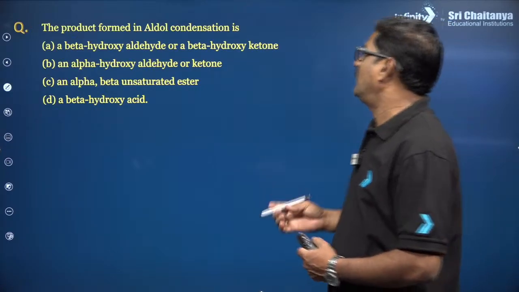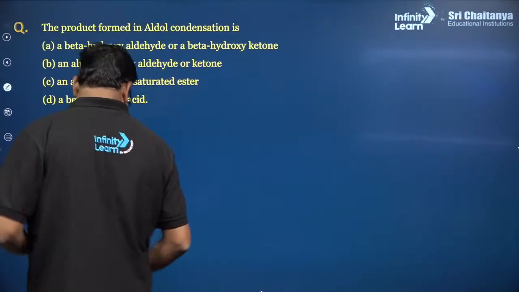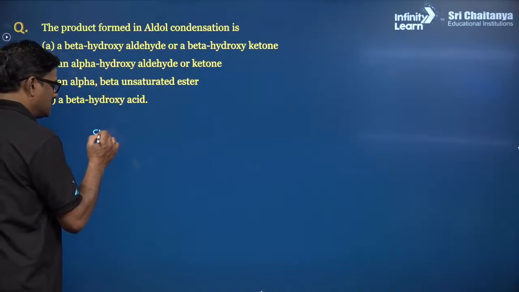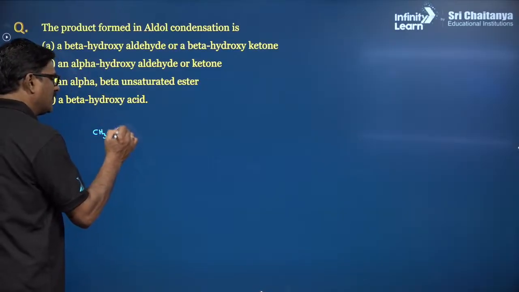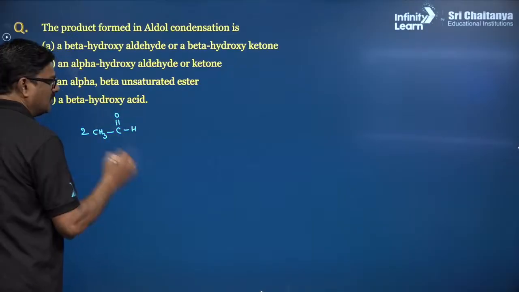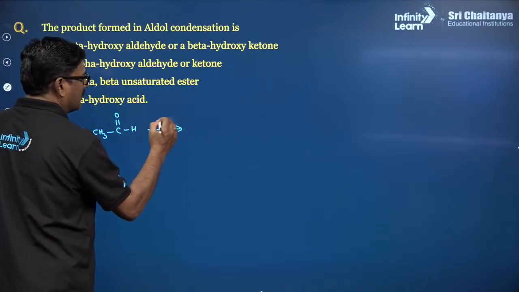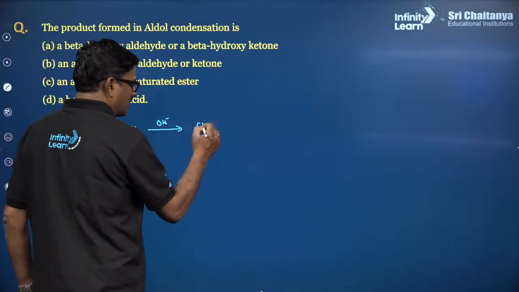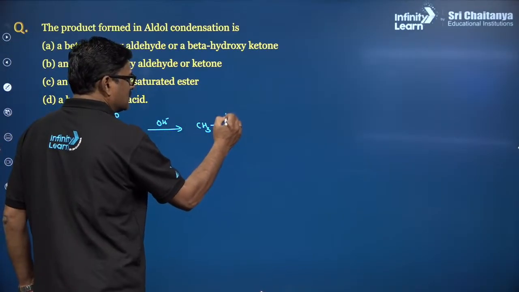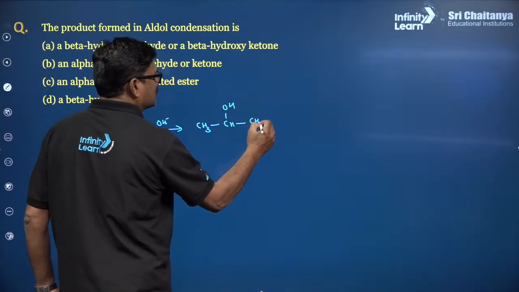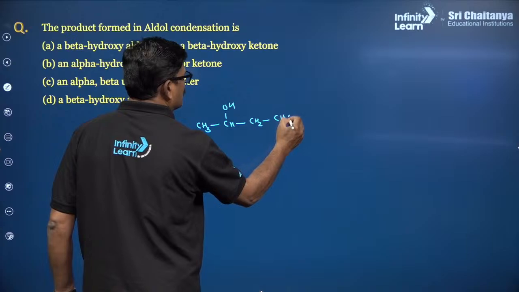The product formed in aldol condensation is CH3CHO, in the presence of an alkali. So what will happen? It is going to form CH3CH(OH)CH2CHO.